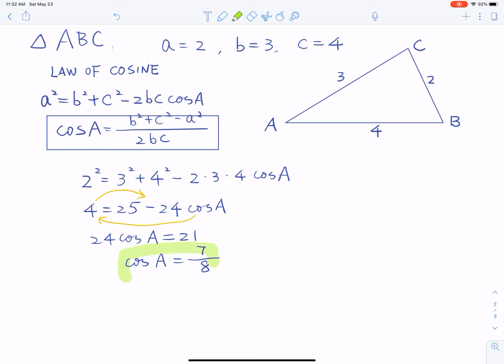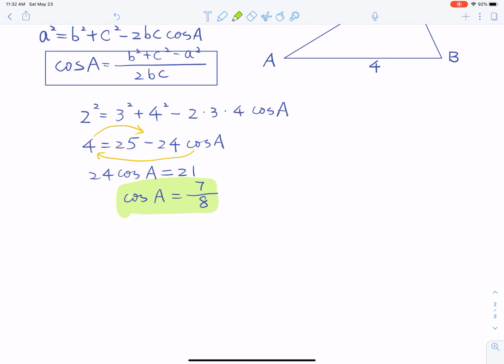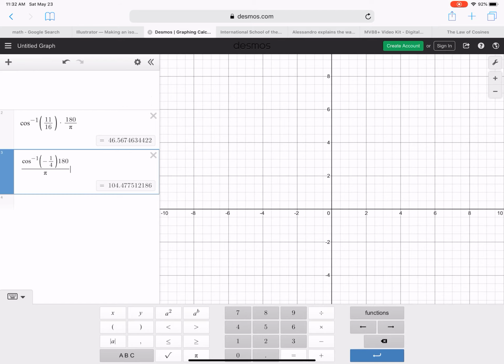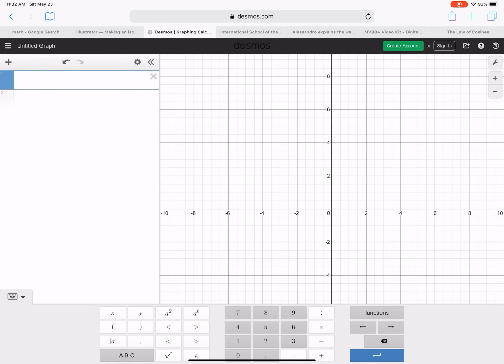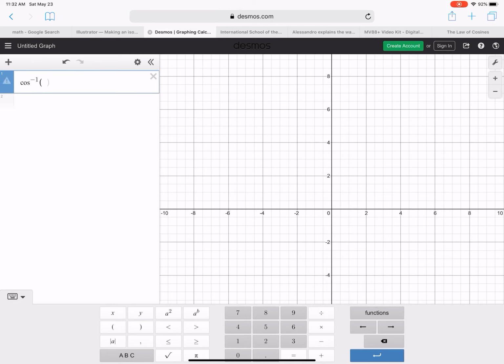That's the important thing. We need to figure it out. So from here, we can figure out the degree of angle A. So we go to decimals. The inverse cosine function of 7 over 8.